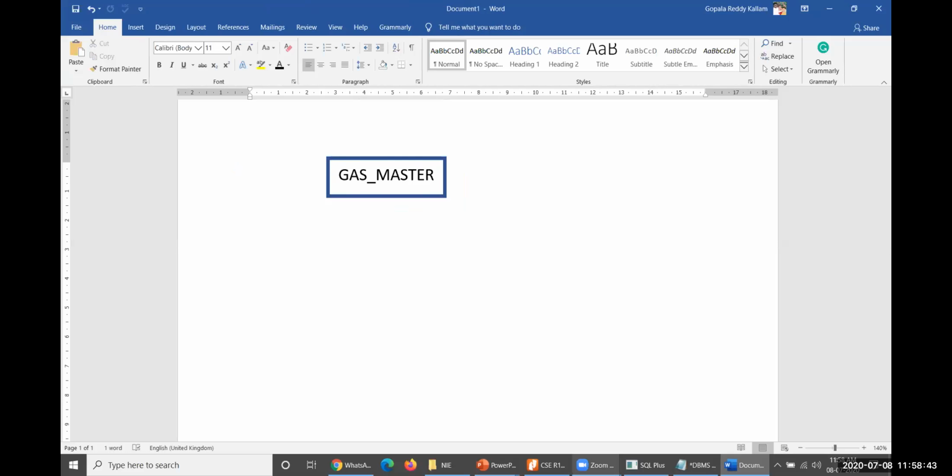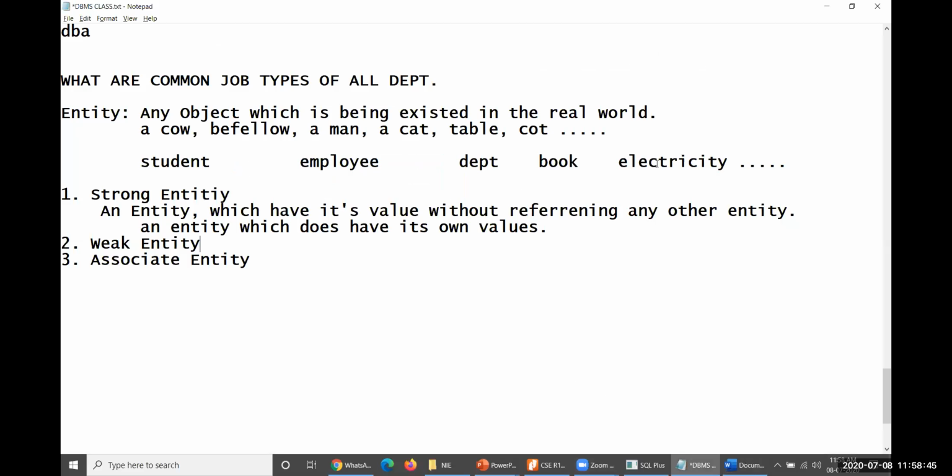Whereas a weak entity is the opposite of a strong entity. Maybe you can give some kind of definition here itself.